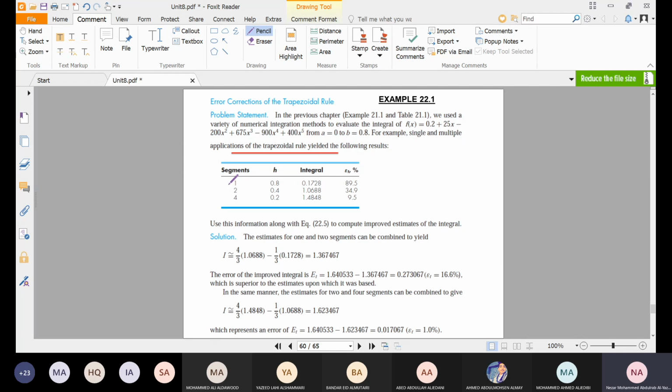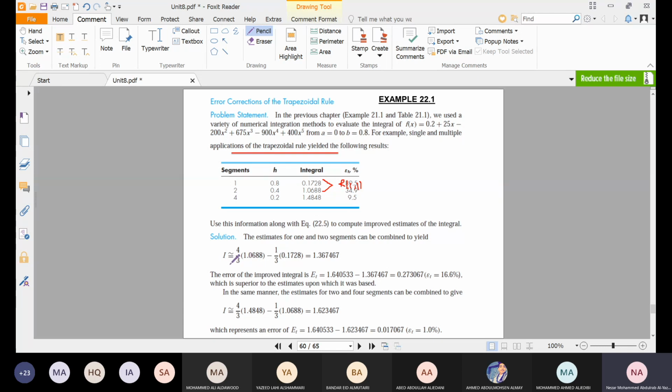Okay, so when we use 1 segment, 2 segments, and 4 segments, if you want, for example, to enhance the accuracy, as we said, we want to use R00 and R10 to get a new one, R11. To enhance the accuracy, we need to get R11.